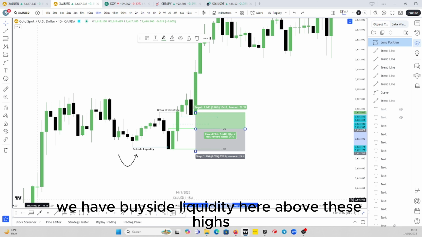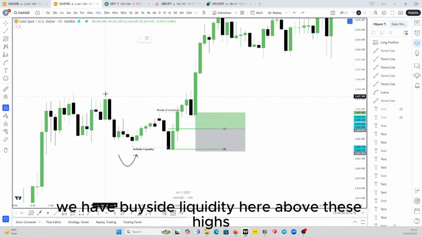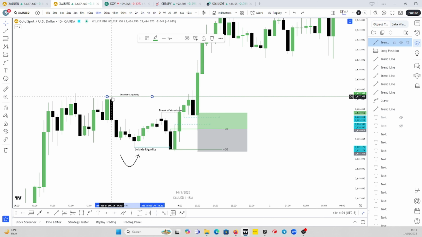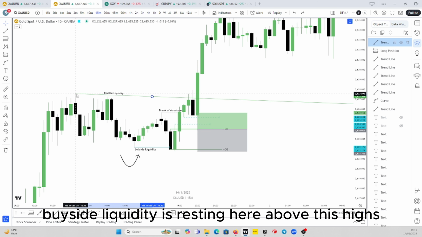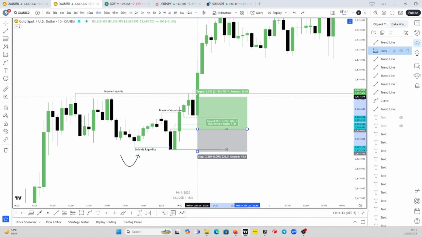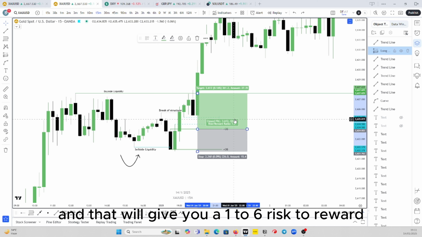We have buy side liquidity here above these highs. One second, let me tag this. Buy side liquidity is resting here above these highs, these relative equal highs. So that could be your first target, and that will give you a 1 to 6 risk to reward.